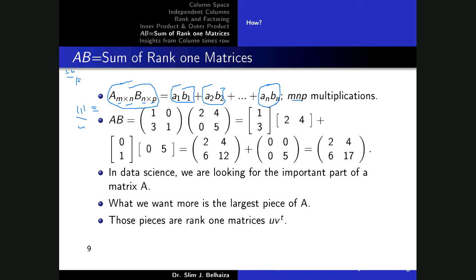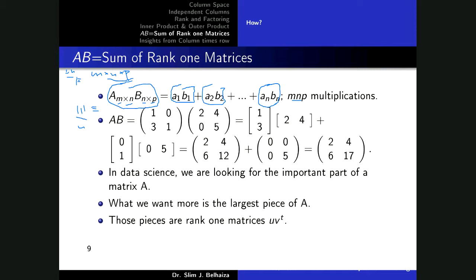So you have m rows. And what are you doing? You are doing it n times on the columns of B. So that's why, whether you do it column by column or row by column, you will obtain MNP multiplications.